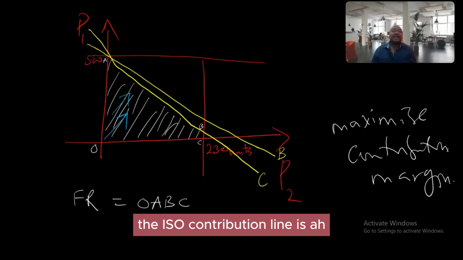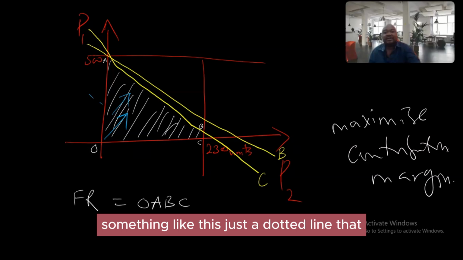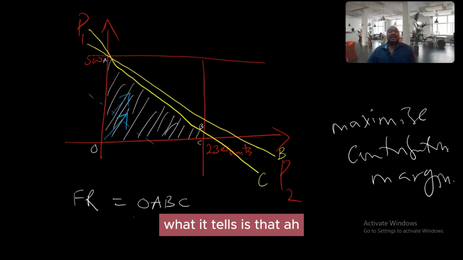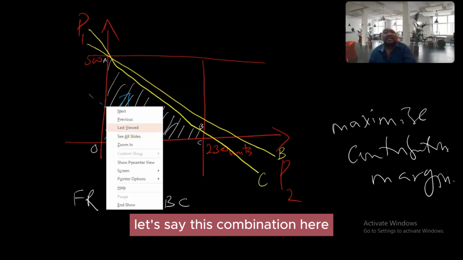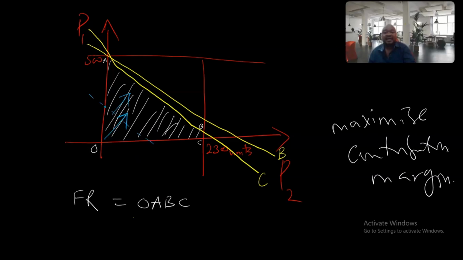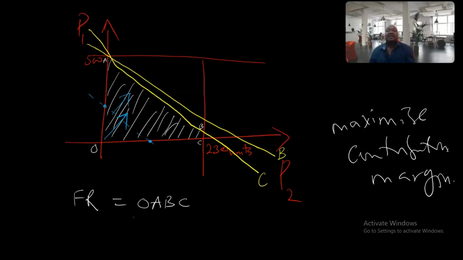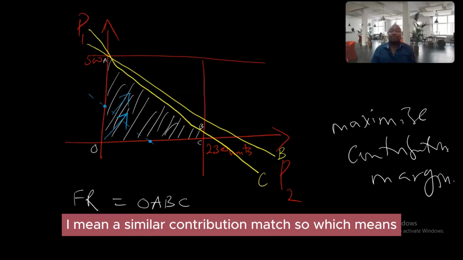The ISO contribution line is something like this. It is a dotted line that crosses through the feasible region. Okay, what it tells is that any combination of products, let's say this combination here, the combination of this point and that point, is going to yield a similar contribution margin.